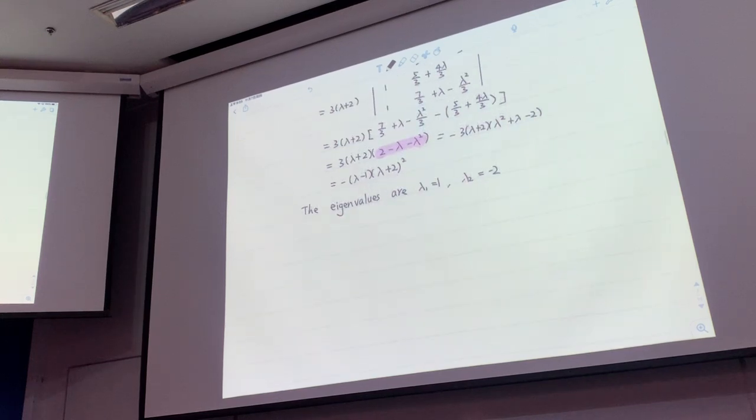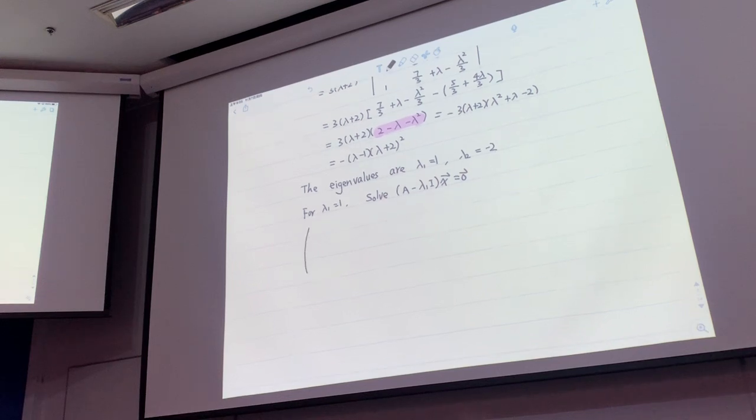Now for lambda 1 equal to 1, we just solve A minus lambda 1 times the identity, times x, equal to 0. So we have this one, and 2 minus 1, 4, 3; -4, -6 minus 1, -3; and 3, 3, 1 minus 1 here.